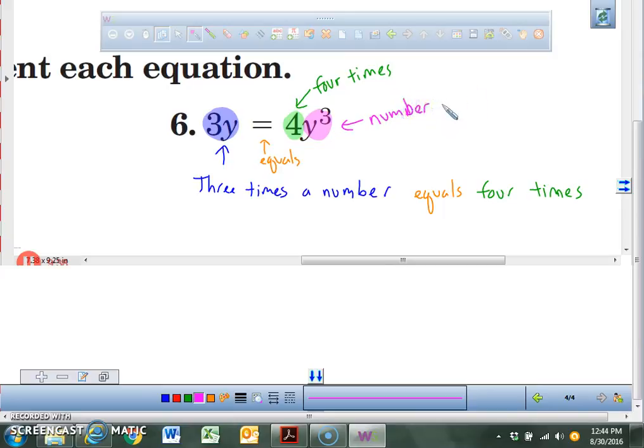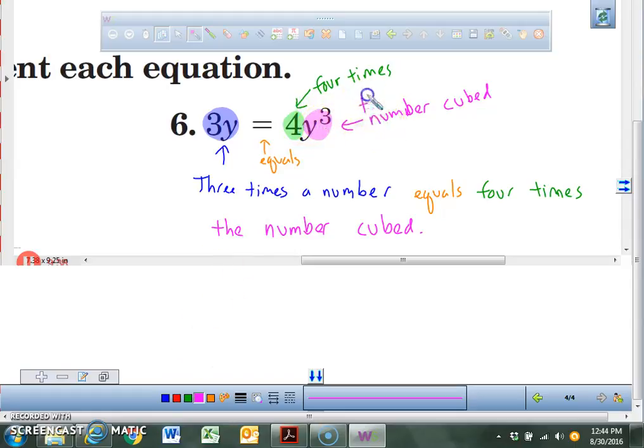This is a number cubed. Now some students wrote a number raised to the 3rd power, or to the power of 3. Okay? So it equals 4 times the number cubed.